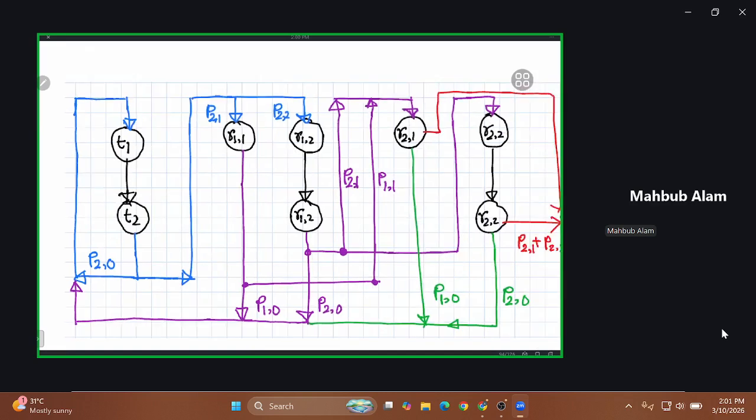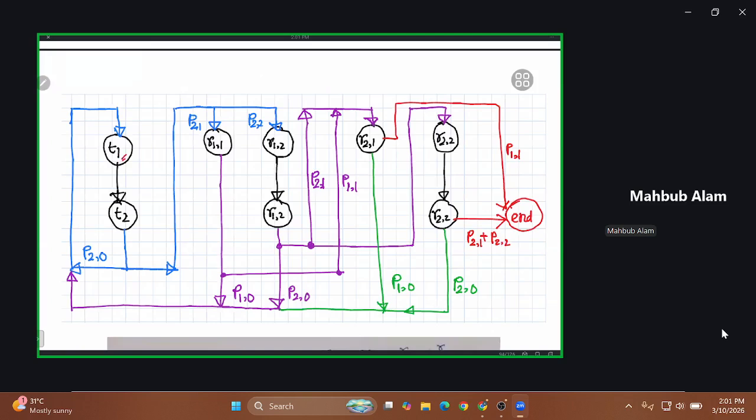So you transmit packet number 1 and you transmit packet number 2, and the probability P_ik indicates the probability that k packets are lost among i packets.